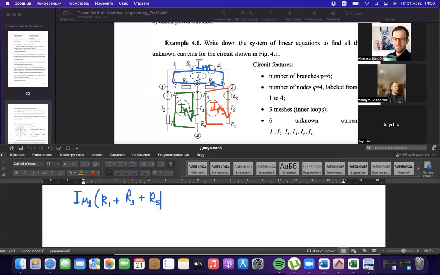Then also inside this first mesh, inside this blue mesh, the green current influences R3. We take the internal mesh current as the main one, always with plus, and all others depending on the direction compared with the mesh, the circle that we're looking at.